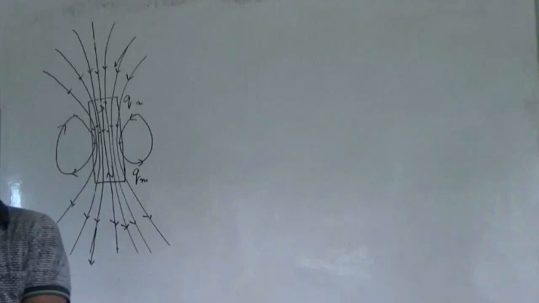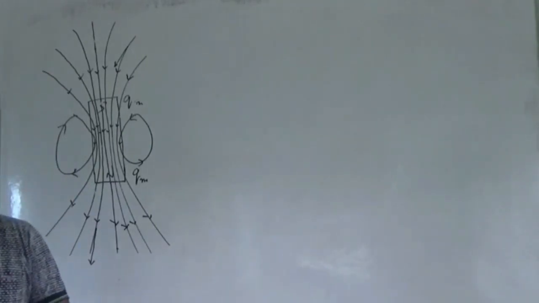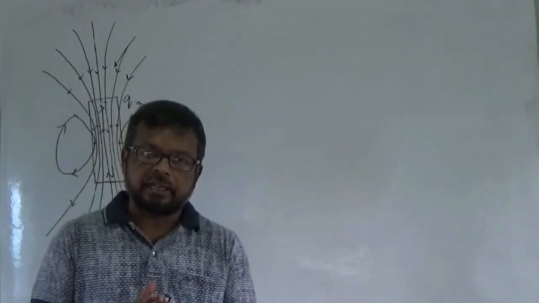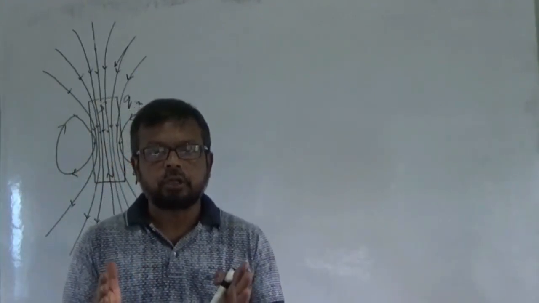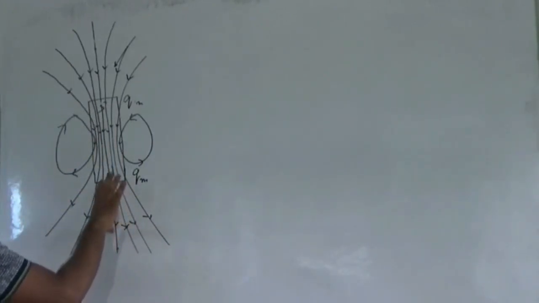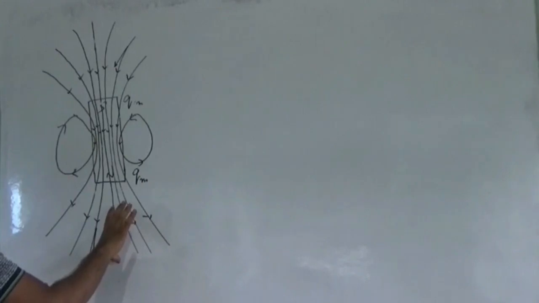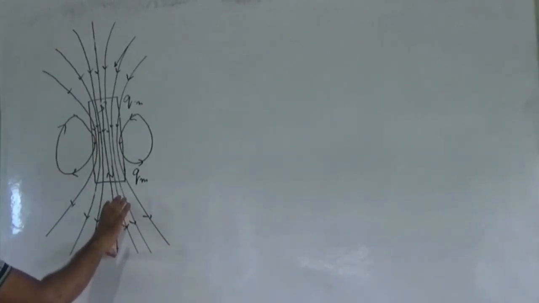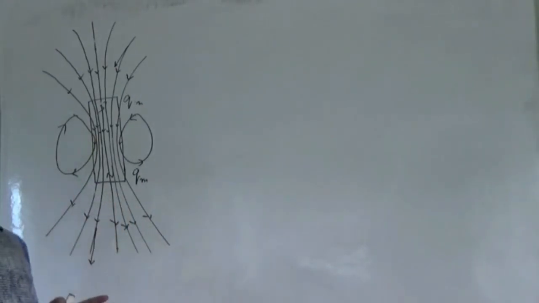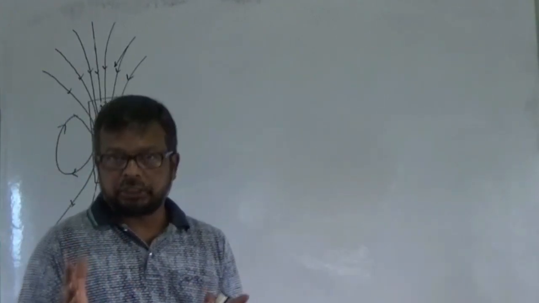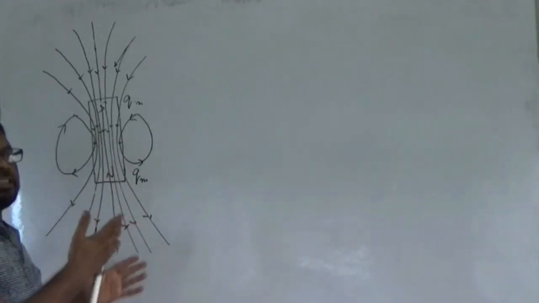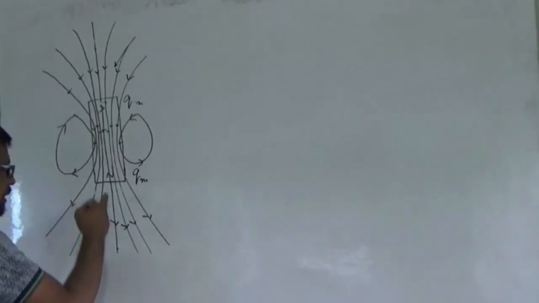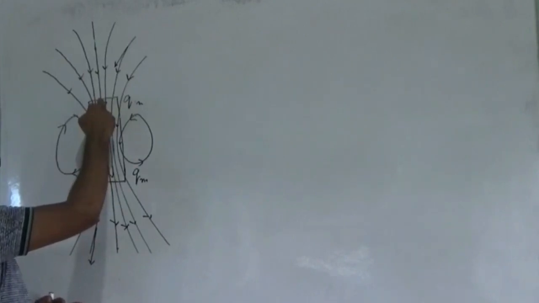Another property is that magnetic field lines dilate laterally and they contract longitudinally. That means in the longitudinal direction, the field lines want to contract. See here, in the external region outside the magnet, it starts from North Pole, ends at South Pole.